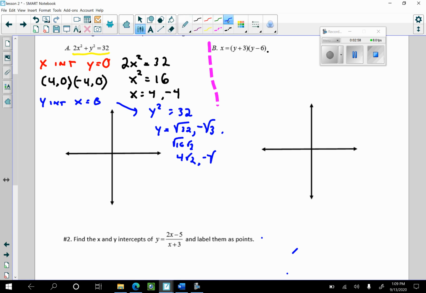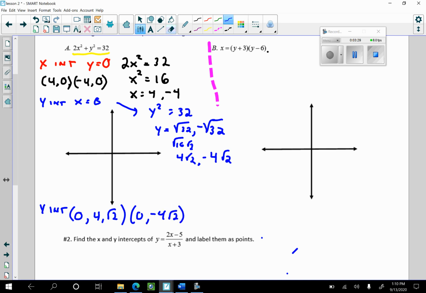Hopefully I will be able to recuperate. And all we need to know is that my y-intercepts will be (0, 4 square root of 2) and (0, negative 4 square root of 2).